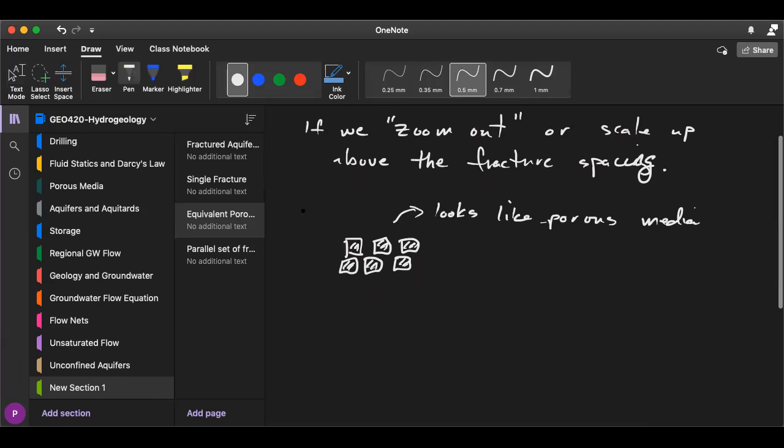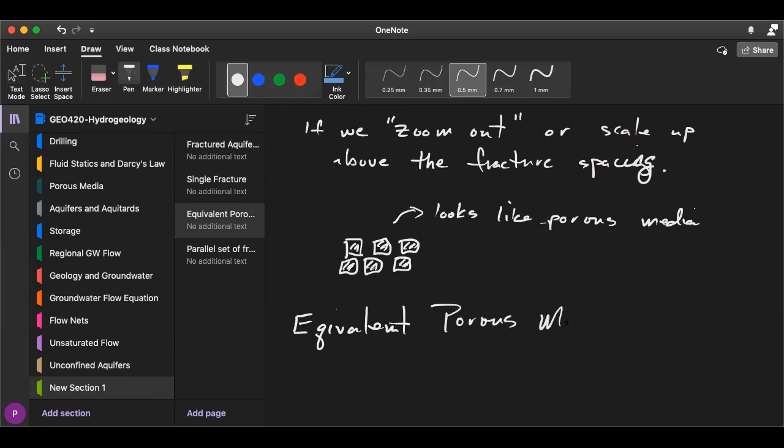And in that case, we can write equations for the equivalent porous media and the properties of it. This is a really common way to treat fractured rock: we're not going to worry too much about flow in discrete fractures. We're going to zoom out and treat this thing like a porous media.